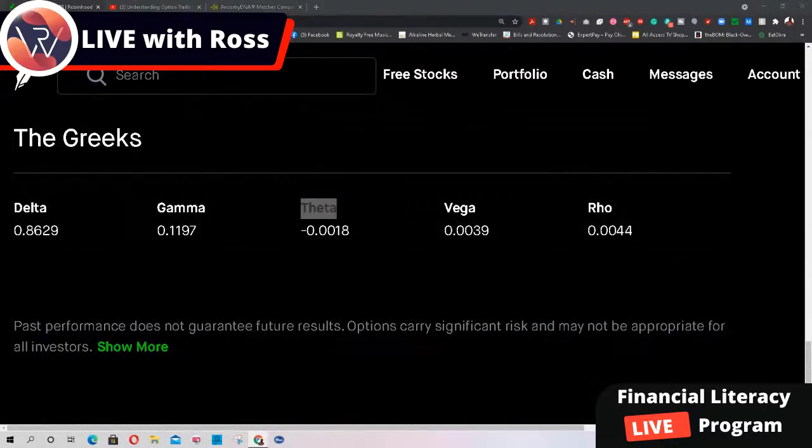Now, because theta represents the risk of time and the loss of value of an option, stay with me, it is always expressed as a negative figure.